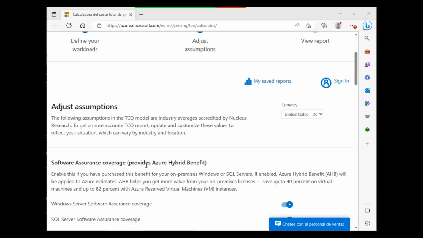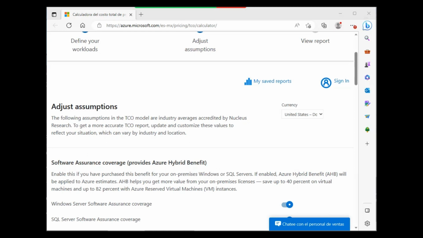In adjust assumptions, for brevity you can leave the remaining fields at their default values. In practice, you would adjust any cost assumptions and make an adjustment to name your current on-premises environment.